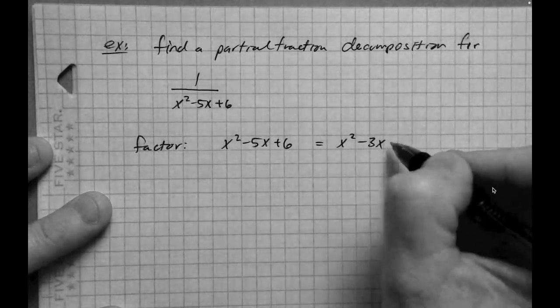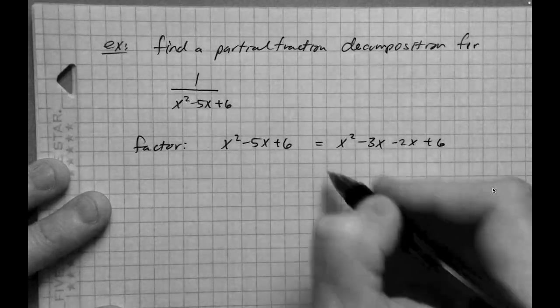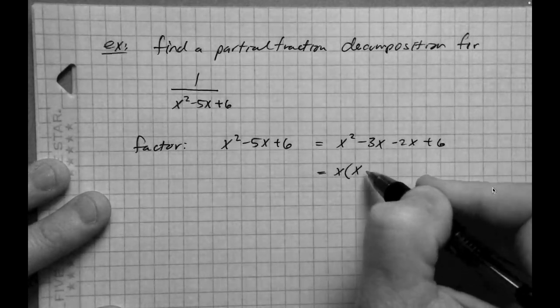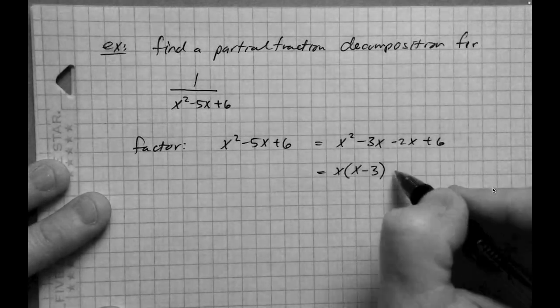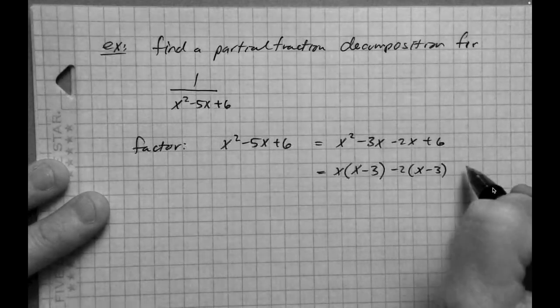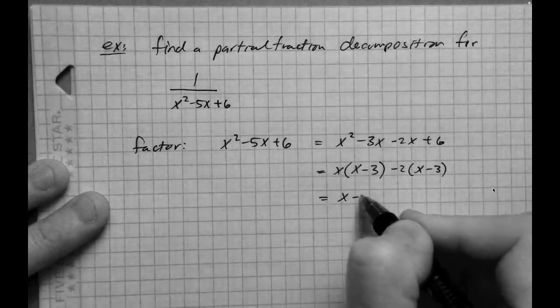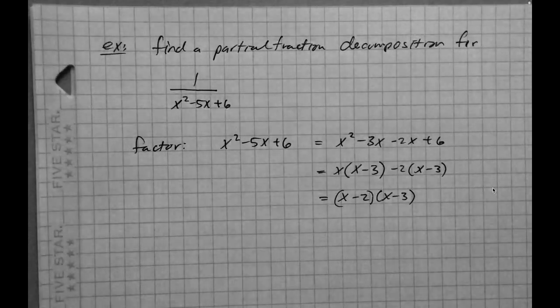So minus 5x is the same as minus 3x minus 2x. You can factor an x out of the first one, you get x times x minus 3. And then the second one, you can factor out a minus 2, and you get x minus 3 again. And so that means you've got x minus 2 times x minus 3. Those are your factors.